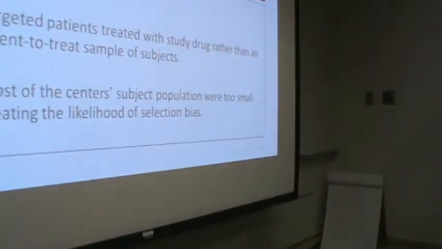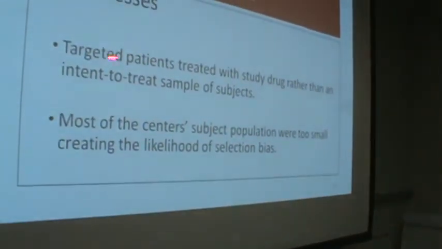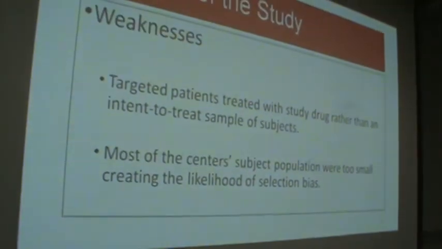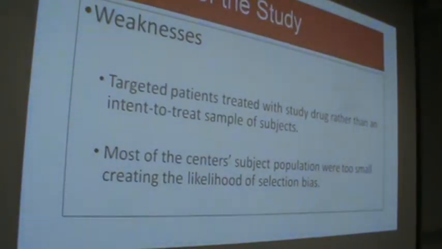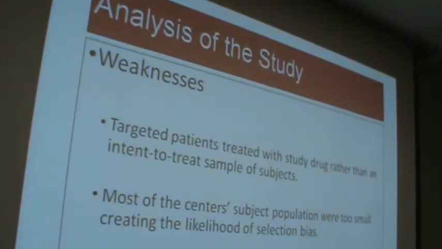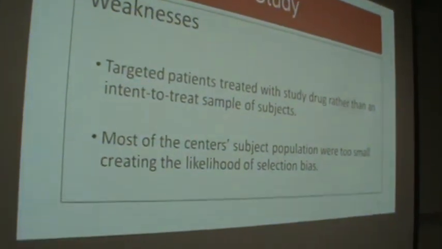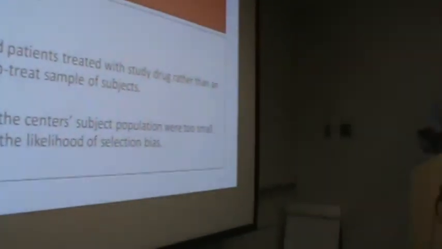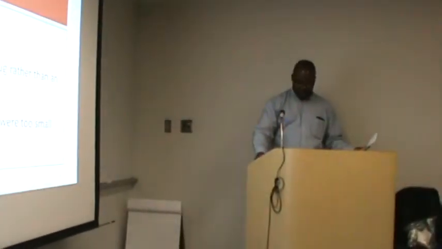So they were using the drug not on somebody else that didn't really need the drug, but only the patients that were targeted to be treated. And most of the centers were also too small, and the subject population was very small, and that could create the likelihood of selection bias. Next slide, please.